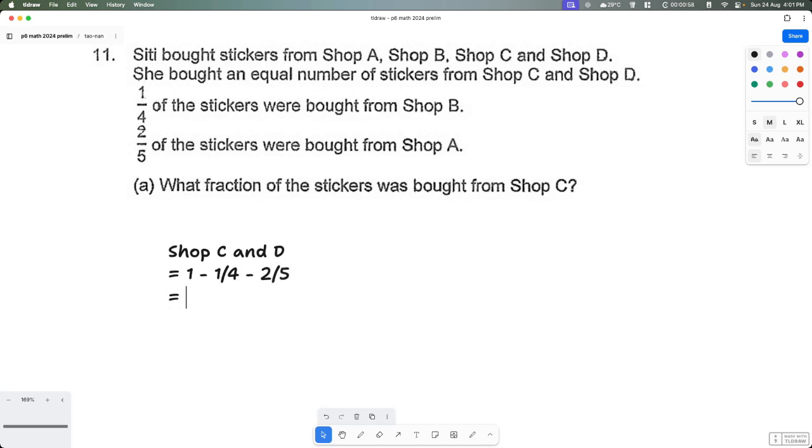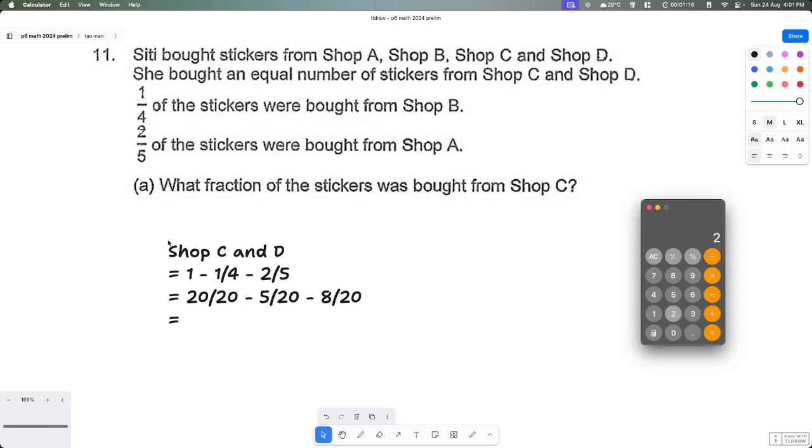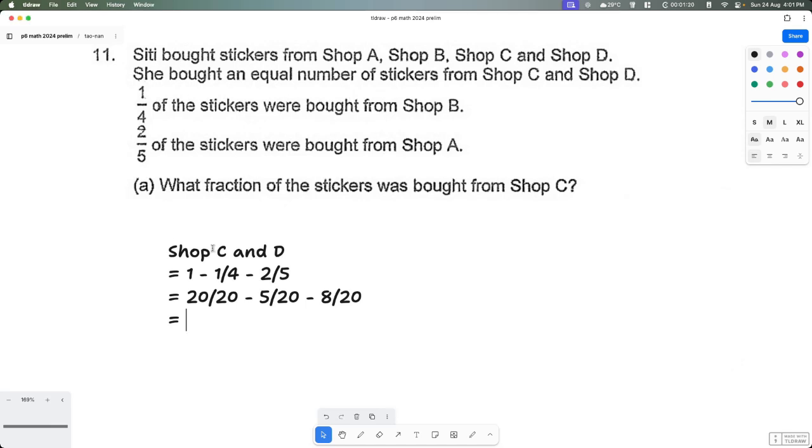Essentially, if we get to the lowest common multiple, it will be 20 out of 20 minus 5 out of 20 minus 8 out of 20. With the calculator, 20 minus 5 minus 8, this will be 7 out of 20.